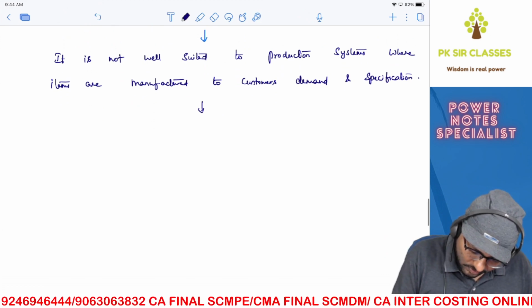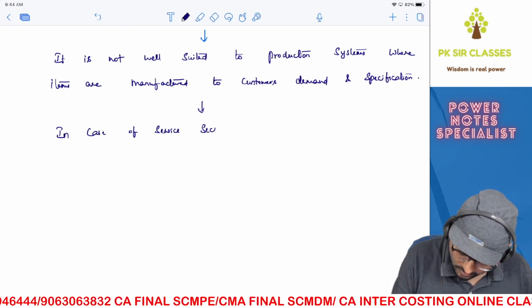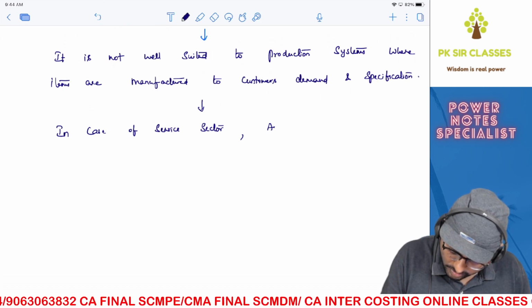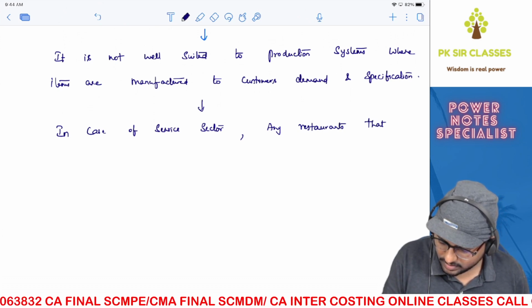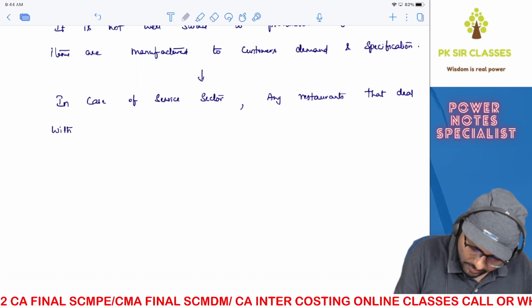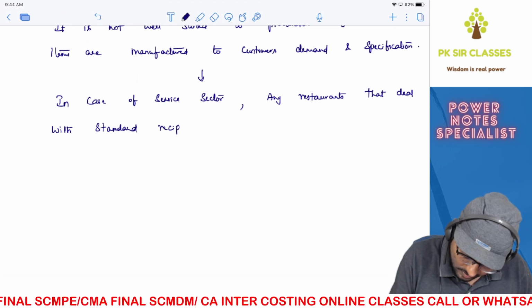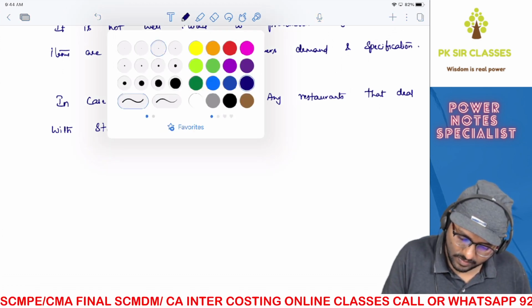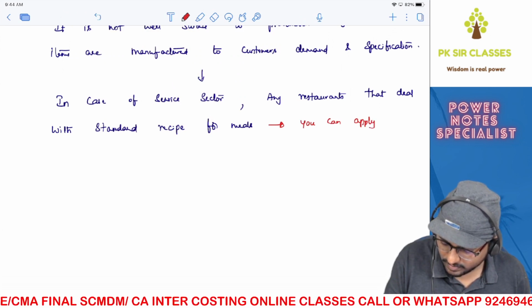Now, in case of the service sector, any restaurants that deal with a standard recipe for meals, then you can apply standard costing.